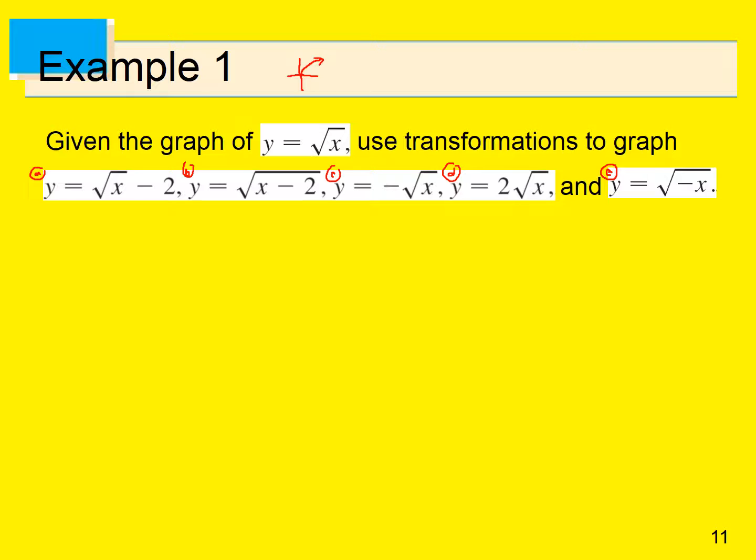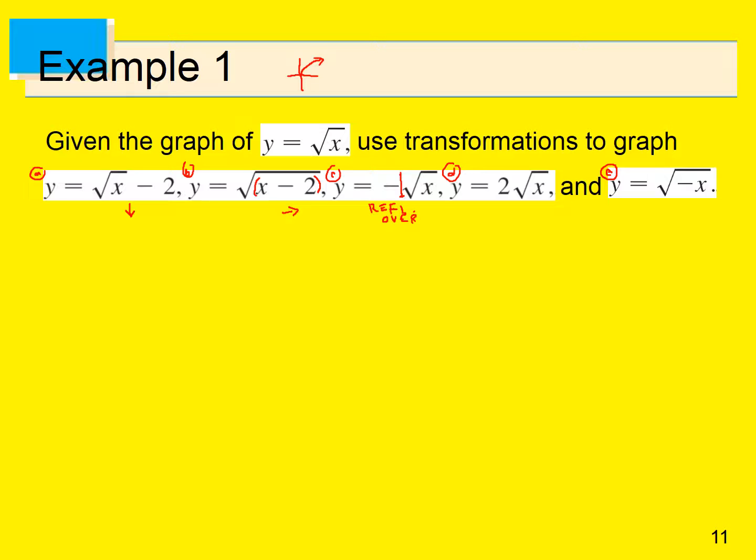Well, when you subtract 2 from a function, you have a downward shift 2 units. When x is replaced by x minus 2 on the inside, you have a right shift. When a function is multiplied by -1, that's going to be a reflection over, which axis is it?